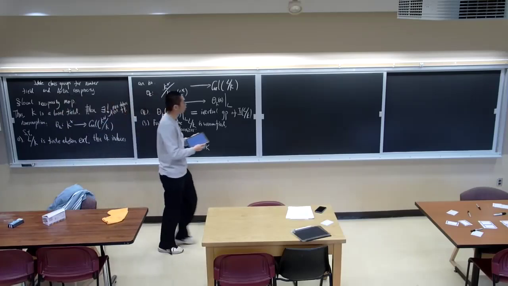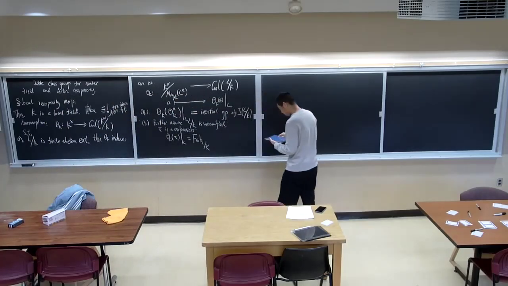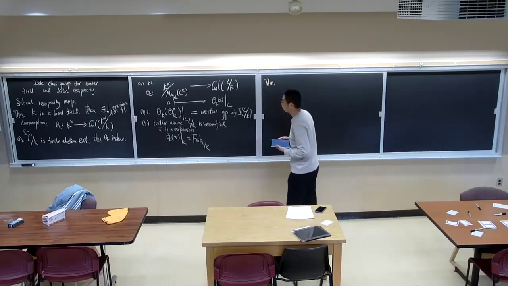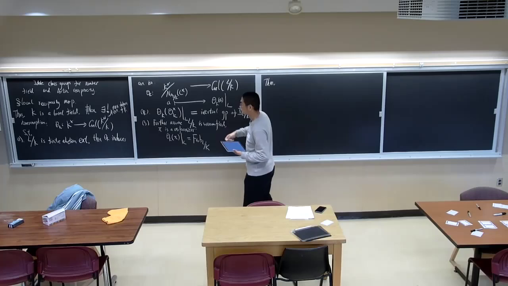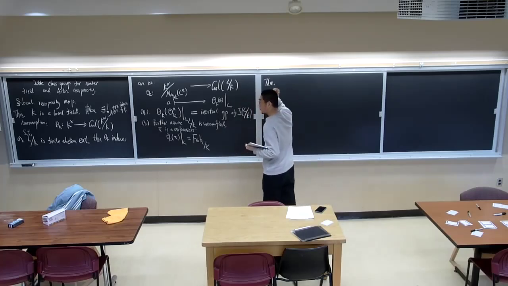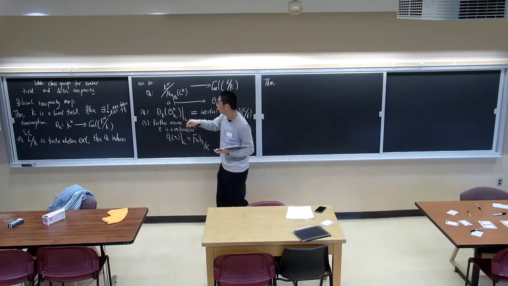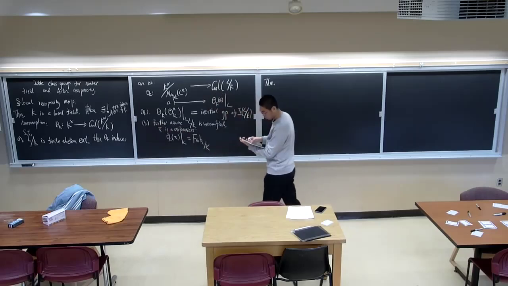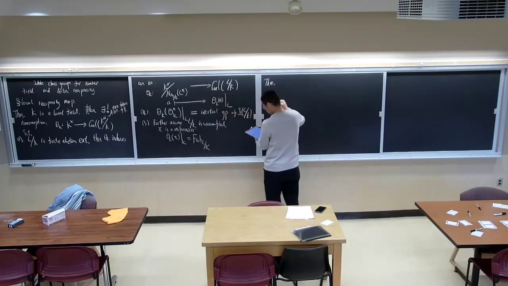And what's more, by using this map, you can actually prove there is a one-to-one bijection between the finite index open subgroups of K cross and the Galois group. So let's say here, the following set.